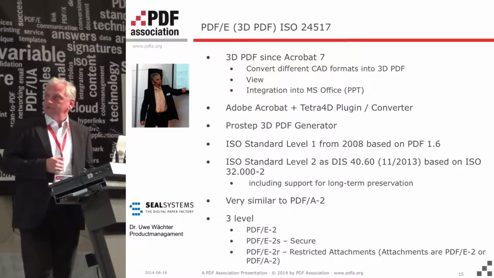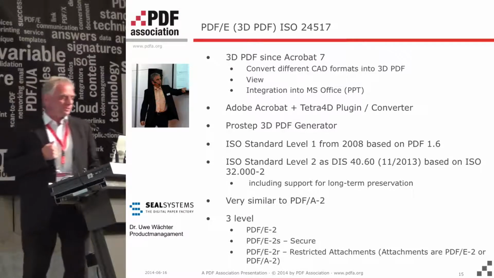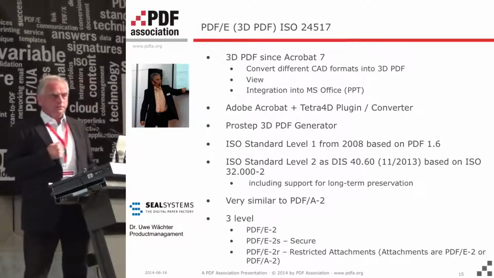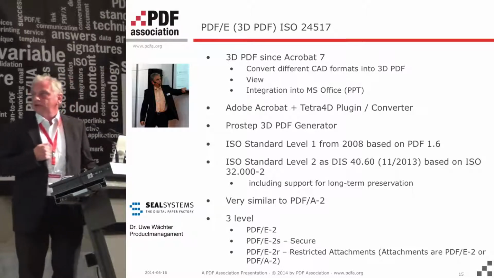We have 3 levels of PDF E2. The S level means secure, that means you have the possibility to encrypt your files. Especially 3D PDF files have a lot of knowledge content in themselves, knowledge of the companies, and so a lot of companies would like to encrypt these files.